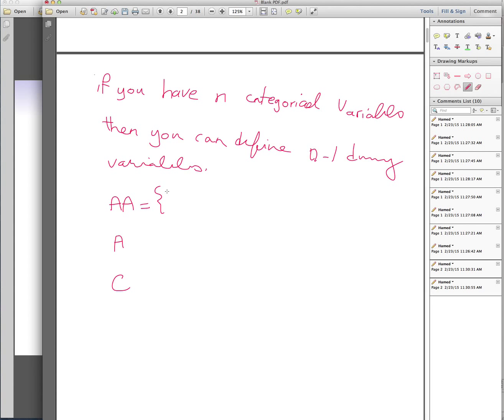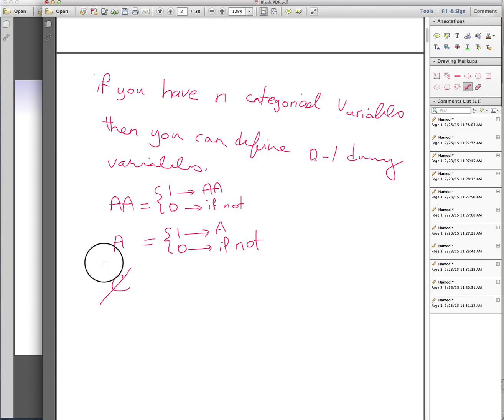You can define it as a 1 and 0 variable: 1 if they are actually African American, 0 if not. For Asians, the same thing: 1 if they're Asians, 0 if not. If you have defined your dummy variables this way, then you do not need to define any dummy variable for Caucasian, because they will become your base ethnicity.